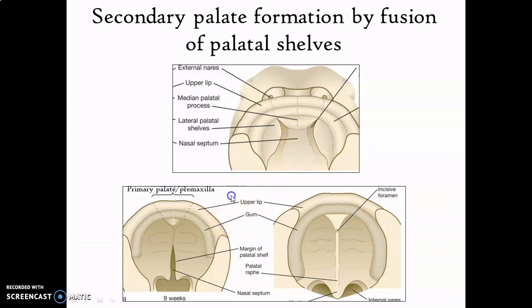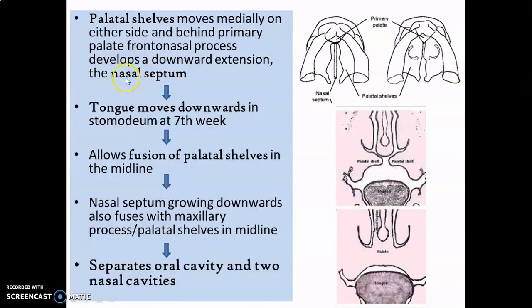And one more change that happens here is the formation of nasal septum. So palatal shelves move medially on either side behind the primary palate, and at the same time the frontonasal process in the midline develops a downward extension or vertical extension, which is the nasal septum.